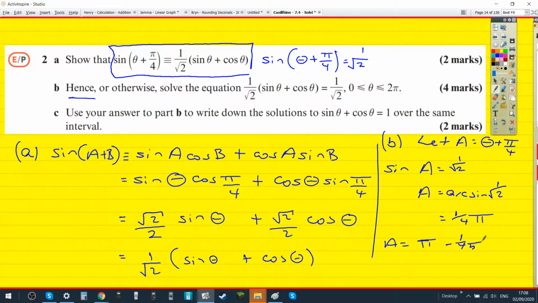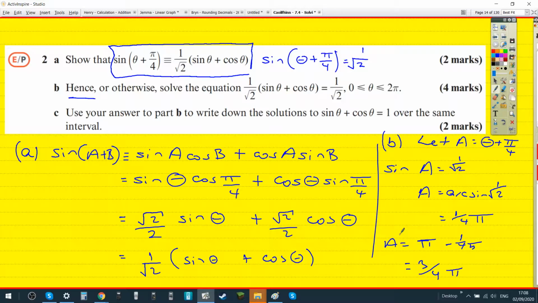Okay, so 3/4 pi. And then also, is there going to be 2 more answers? No, that's it. Ah, okay, so now we need to get it out of a and back into the other one.